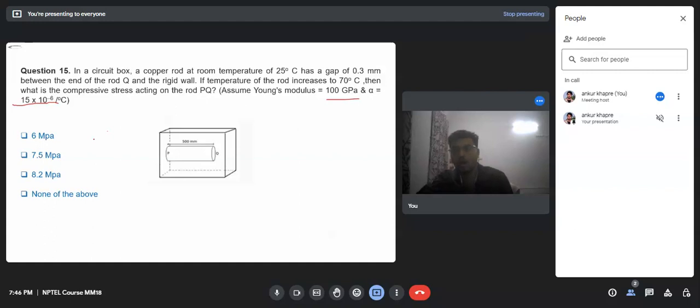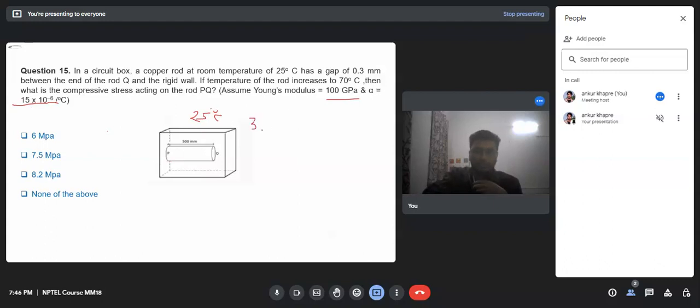So here first we have to find the elongation. First the temperature was 25 degrees and the gap was around 0.3 mm.